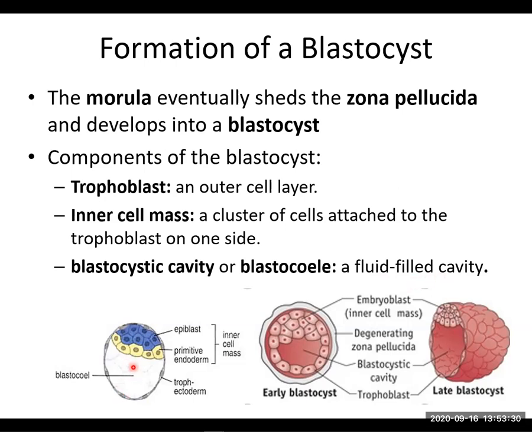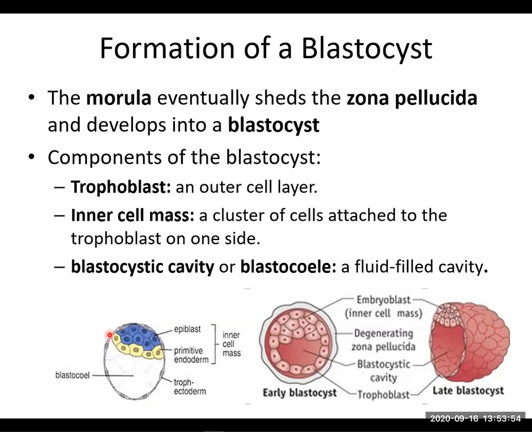So the cells divided from this zygote divide into two groups. One is called the inner cell mass, right here, on one side, and the other is the outer portion.